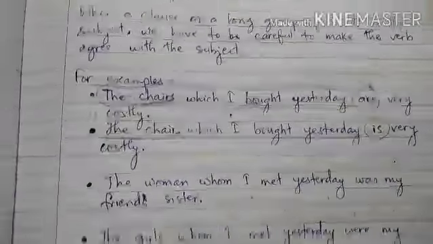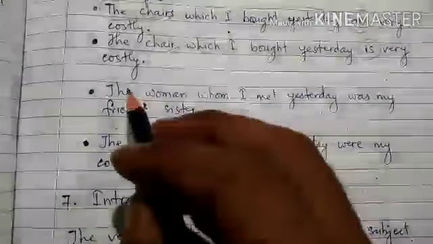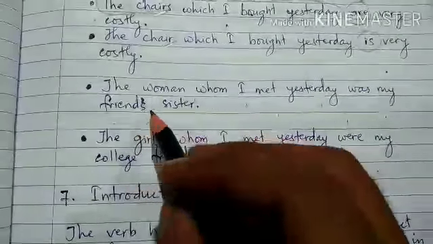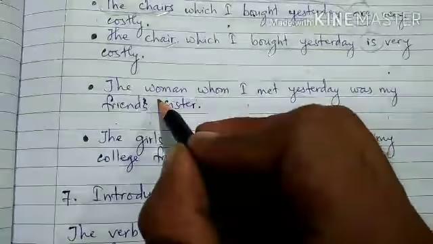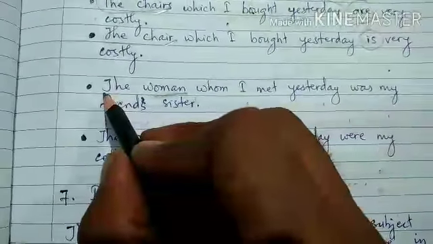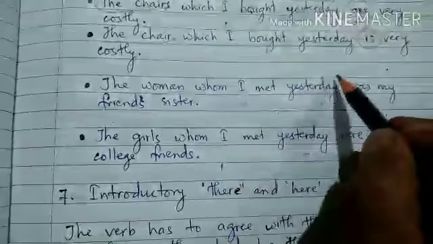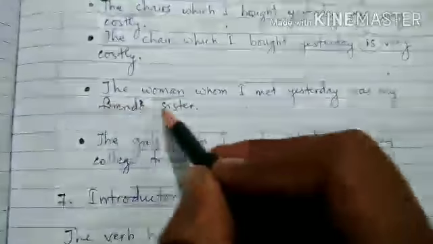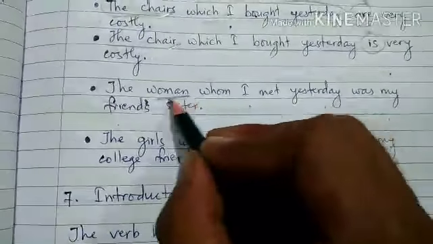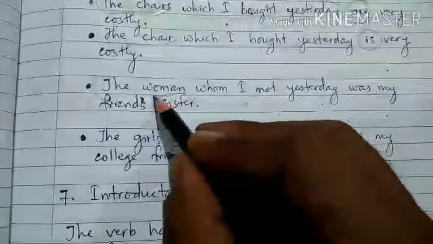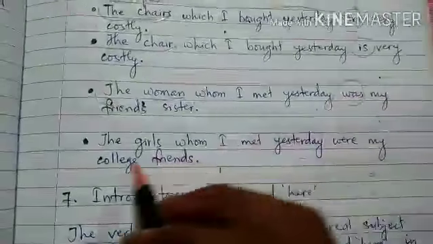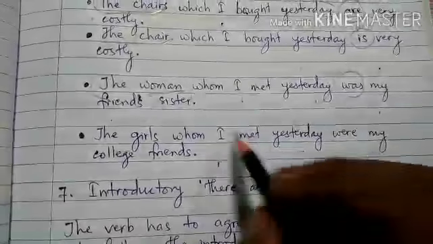Another example we have here is, the woman whom I met yesterday was my friend's sister. So the woman, I am talking about the woman. Here the whole subject is the woman whom I met yesterday, but the main subject is woman here. So it is singular, so we have to use singular verb was. But see, the girls whom I met yesterday.